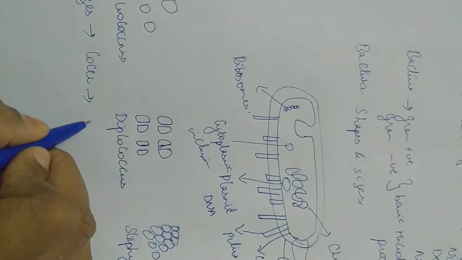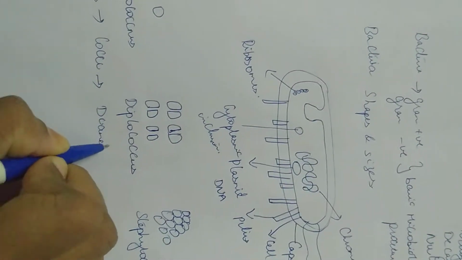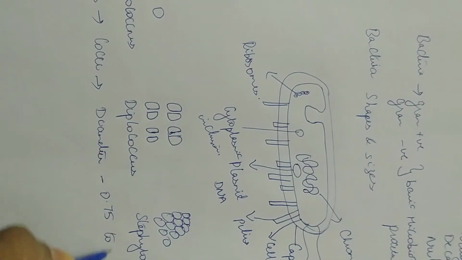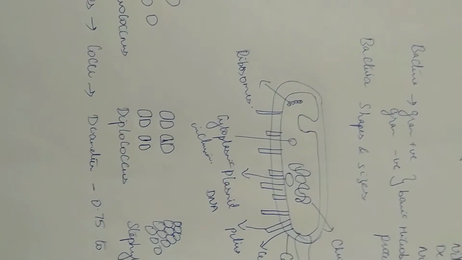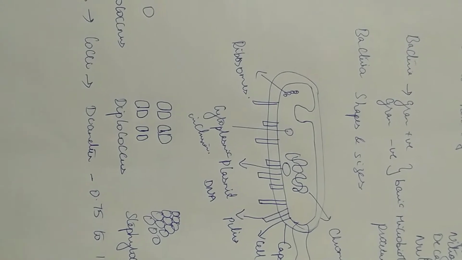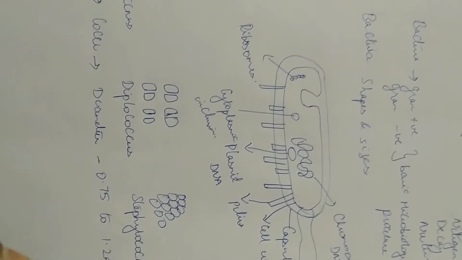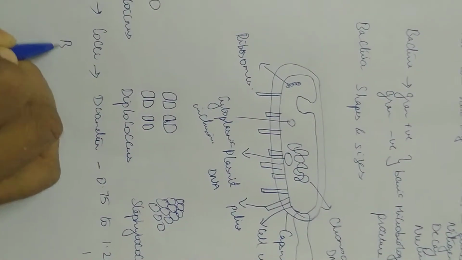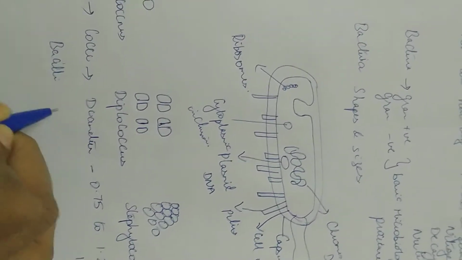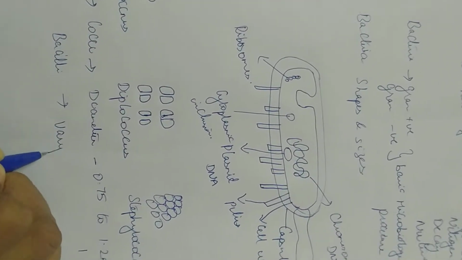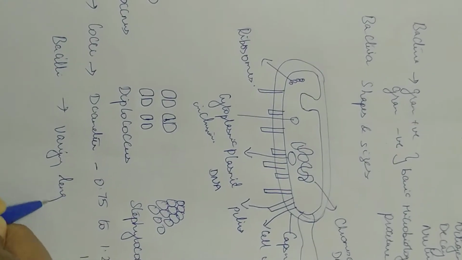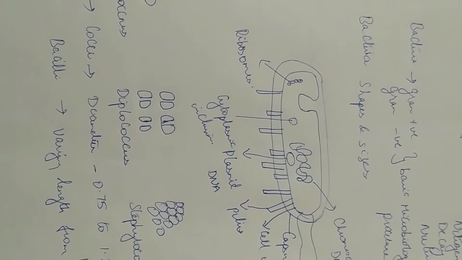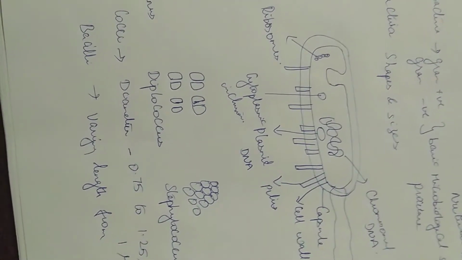Bacteria generally have a diameter which ranges from 0.75 to 1.25 micrometer, with an average of 1 micrometer. Whereas the bacilli type has a length varying from 2 to 10 times their width.